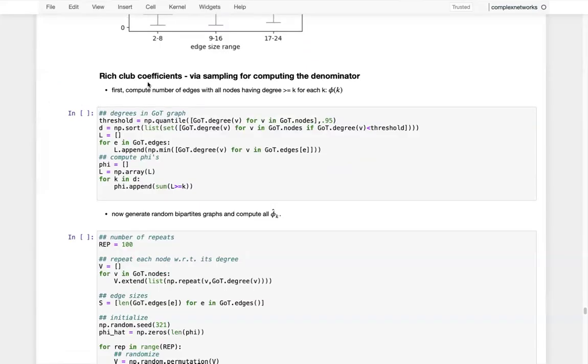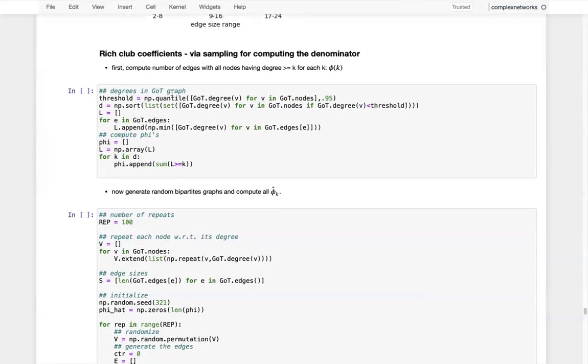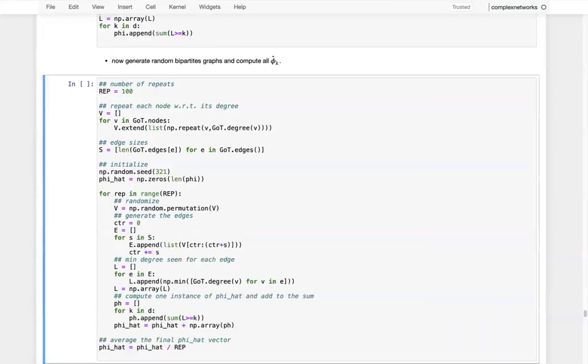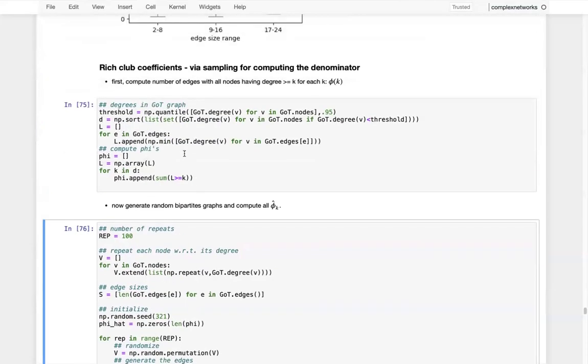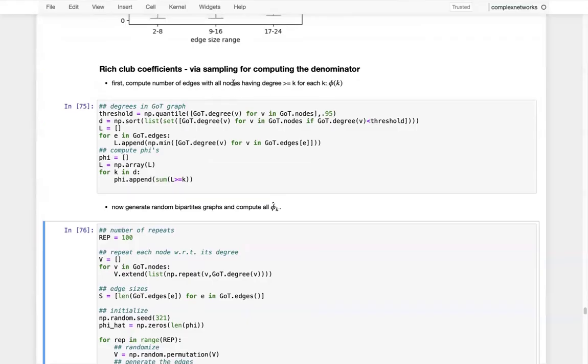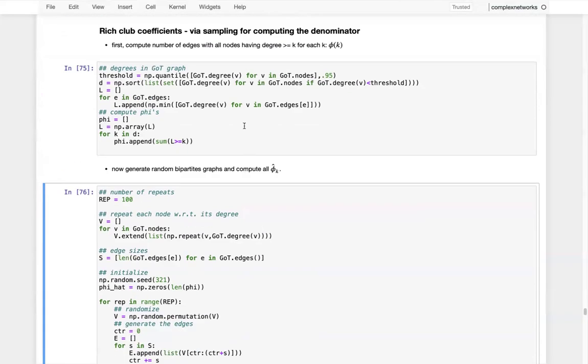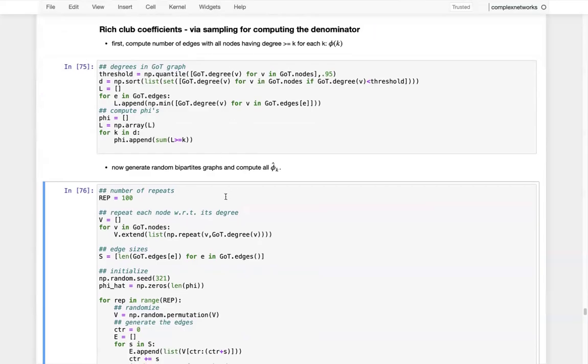Another thing we discuss in the book is this Rich Club coefficient. And so let's do the computation here. Here we go. So for the Rich Club, in this case, there's no closed form formula we can use. So what we can do is we first compute these values phi of k, the nodes that have degree larger or equal to k. And then to generate the denominator, we need to go via sampling.